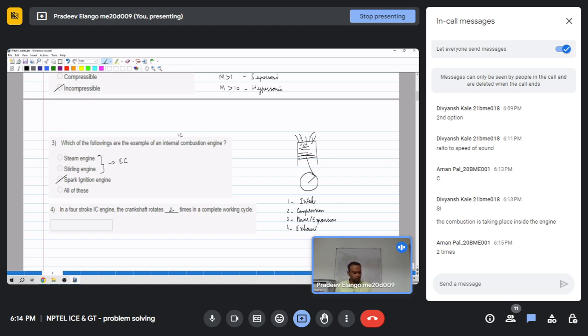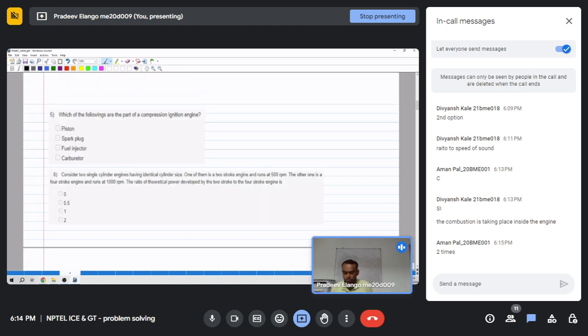Out of these four strokes, only the power stroke gives out power, whereas the others use the power of the engine, like the kinetic energy of the engine. That is why we have a flywheel, which stores the kinetic energy during the power stroke and then gives out the energy to take care of the others.